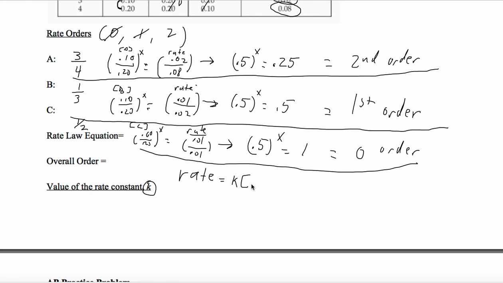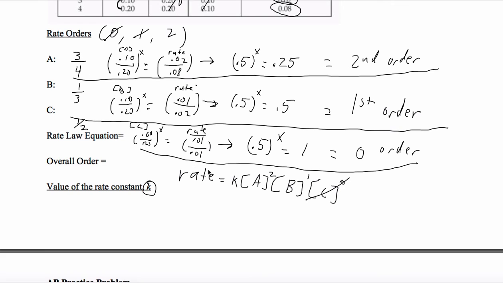And then you take A, you raise it to the second power because it's second order. You take B, you raise it to the first power because that's first order. And you can take C and raise it to the 0 power, but we don't need to put it in there.